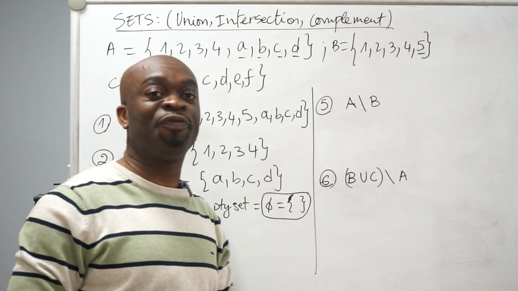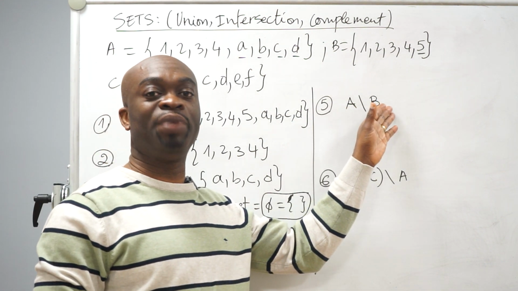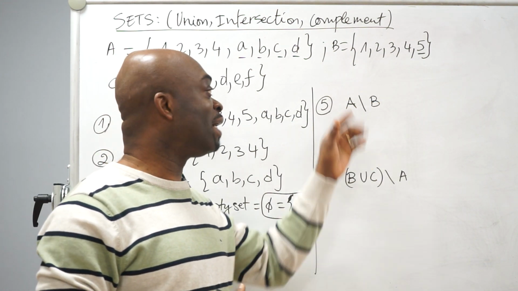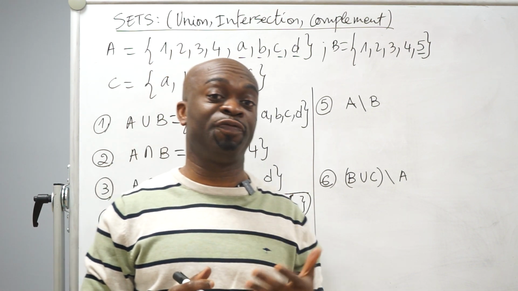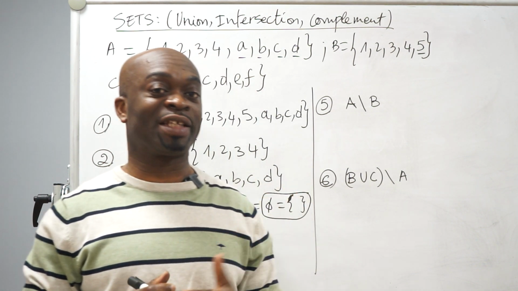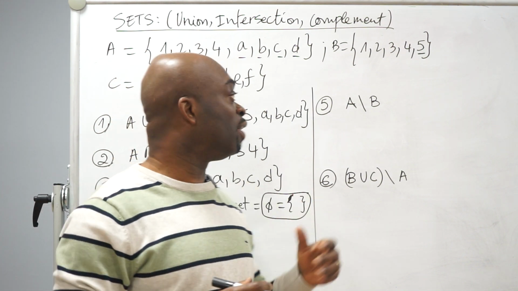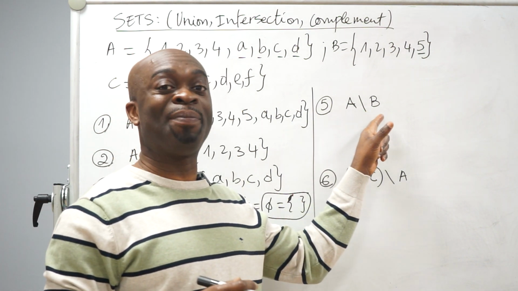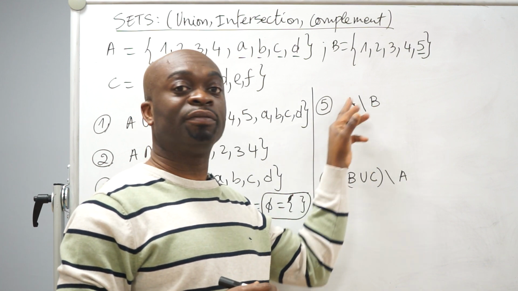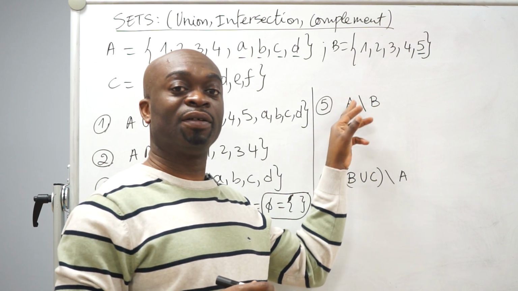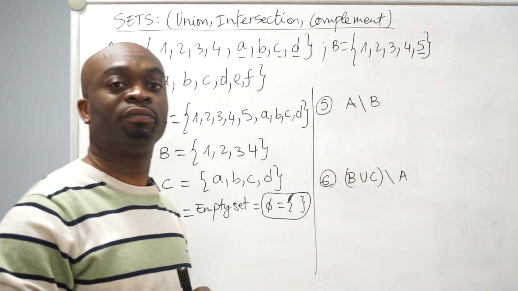We're going with question number 5. So now we're talking about A complement B. Okay? A complement B. When we spoke about complement before in the previous video, please check that out. We're going to try also to link them up for you guys. So what's really happening here is that everything for A union B except B. Okay?